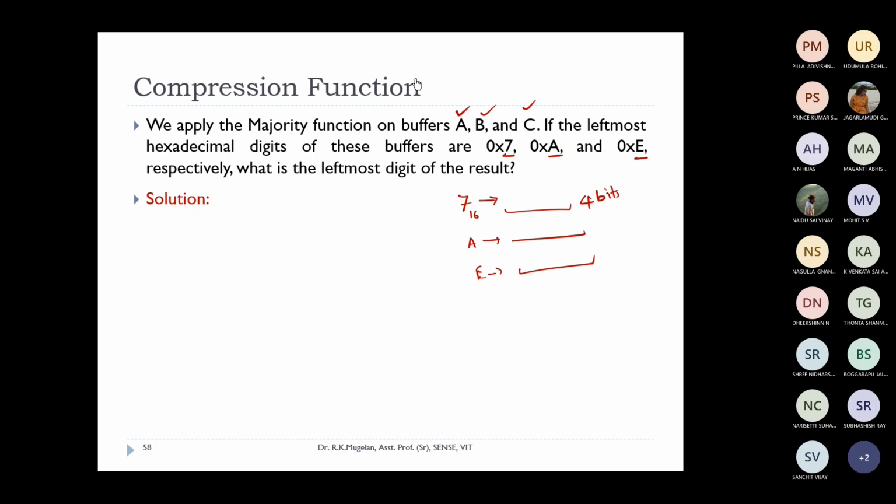Is there anyone who got the same answer? In the examination, this majority function and conditional function will be worth 10 marks. We'll be giving bigger numbers; for understanding, I just kept smaller values here.